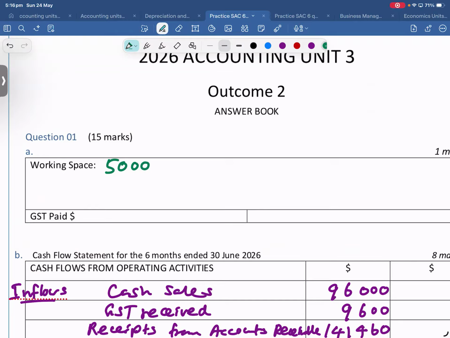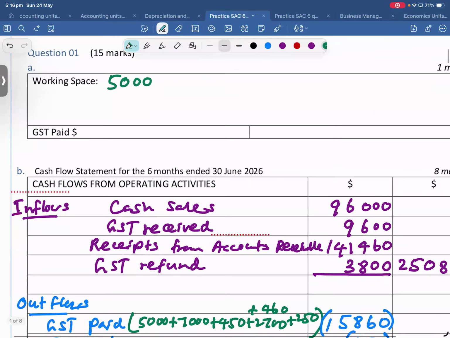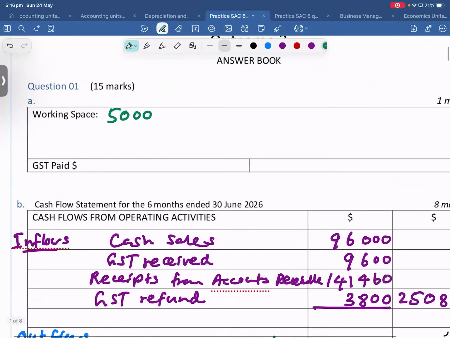Okay? Right. Otherwise, you know what I did? If they had not asked us to do it separately, then I would be doing this way. GST paid. I have shown you this one before, yes. So as I come across, I'll put in the brackets. I'll carry on.